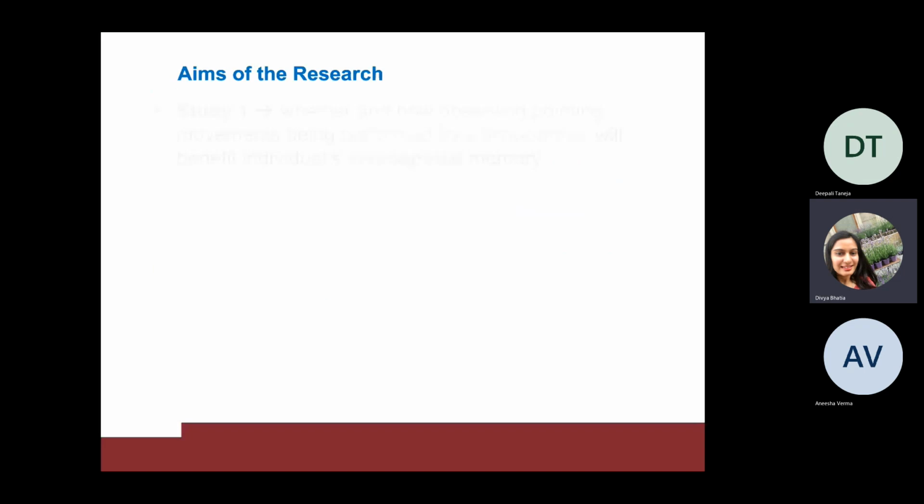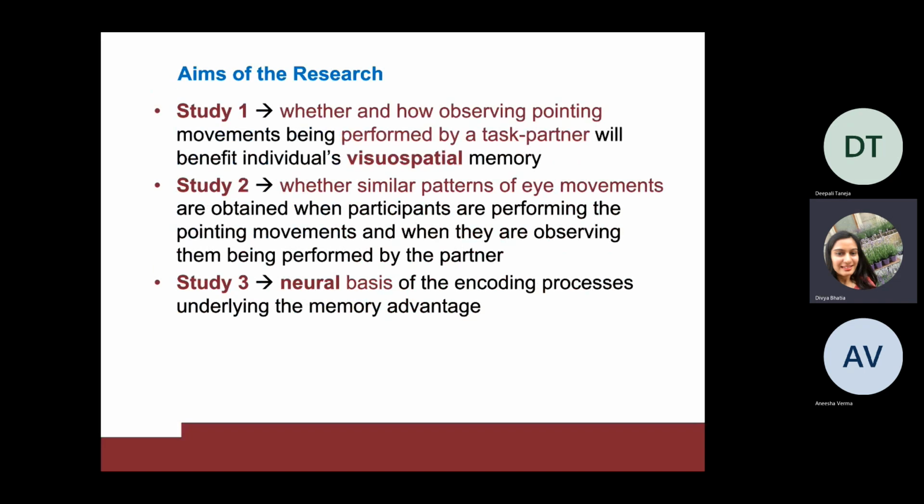Okay, so based on this entire literature that I have summed up, I conducted 3 studies. I conducted a lot of studies, but I'm summarizing 3 here. In study 1, we focused on the question of whether and how observing pointing movements performed by a task partner benefits an individual's visuospatial working memory.